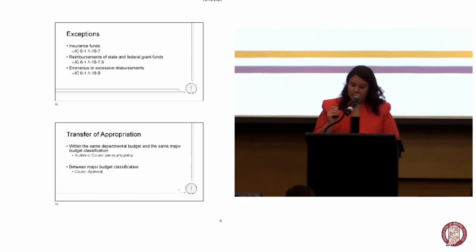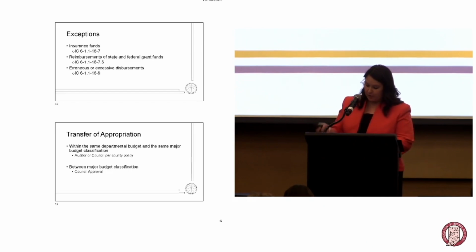Okay, transfer of appropriations. I feel like I don't get this question as much from you guys, but from other departments emailing us, asking about how to transfer appropriations. Another method of dealing with insufficient appropriation is to transfer an appropriation.